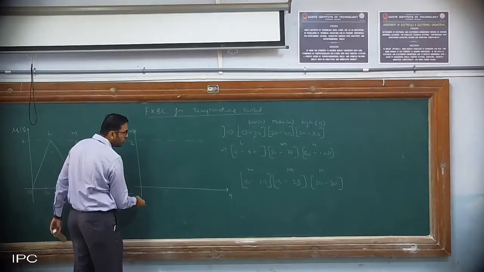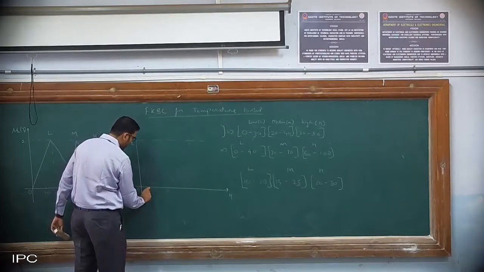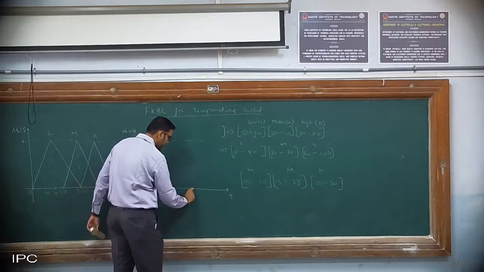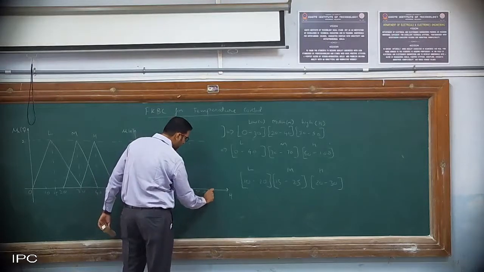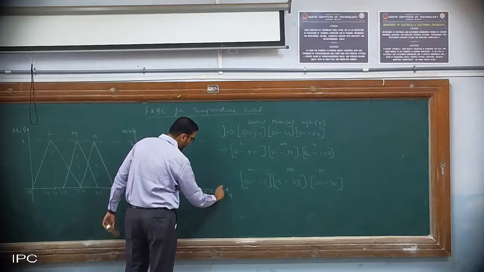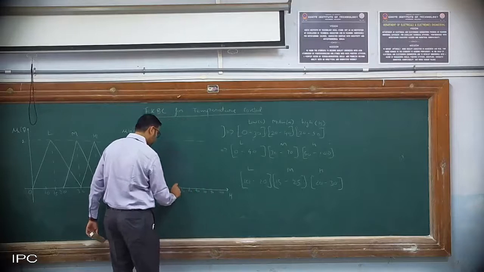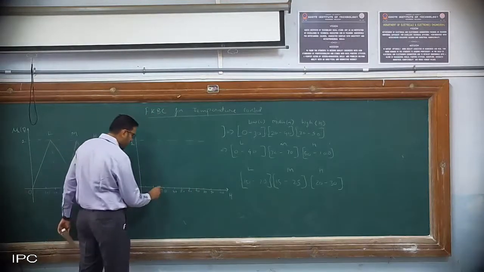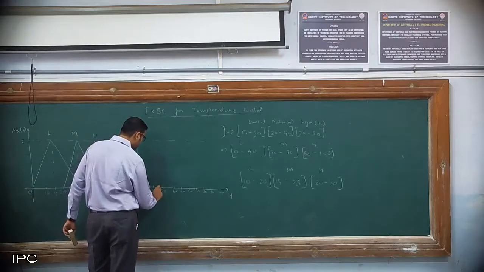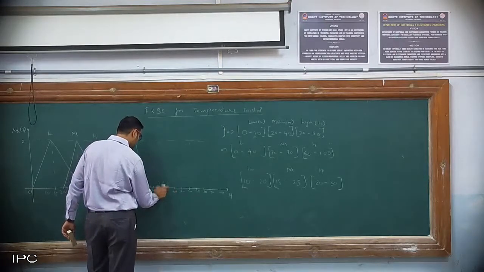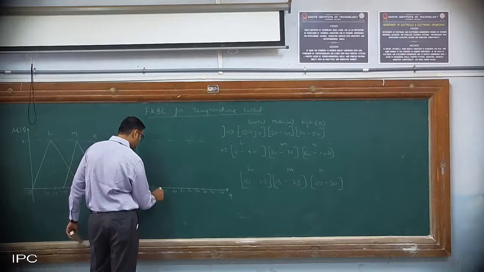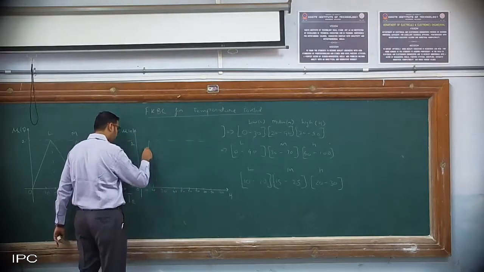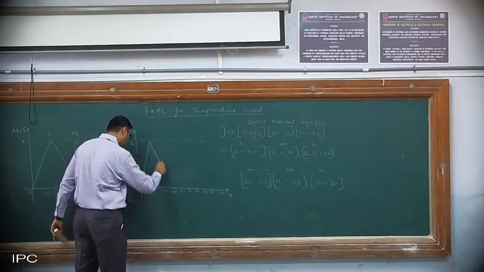Range is 0 to 100%. 0, 10, 20, 30, 40, 50, 60, 70, 80, 90, and this is 100. So range is 0 to 40, so we can consider 20 as our center.